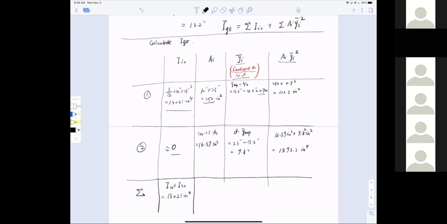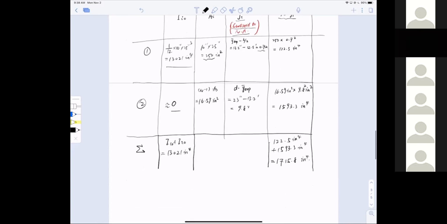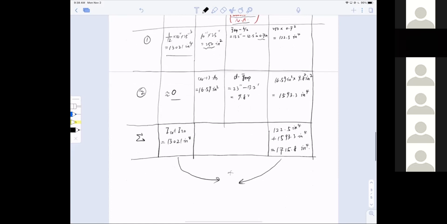This one is not applicable. Here, the last one: I have 122.5 inch 4 plus 1593.3 inch 4, and this gives me 1715.8 inch 4. I add them up together.